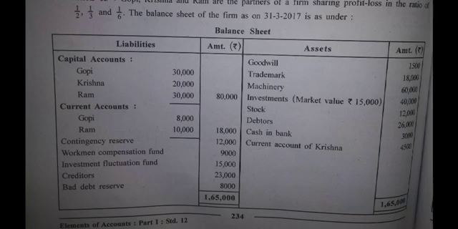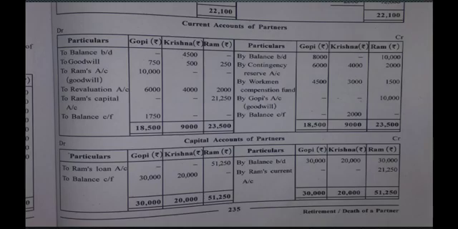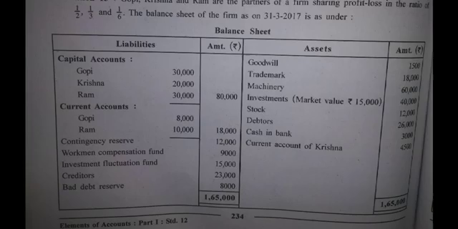The adjustment says bad debt reserve on debtors is to be kept at 15%. Let us check what is the amount of debtors. Debtors is 26,000, and 15% for that is 3,900.